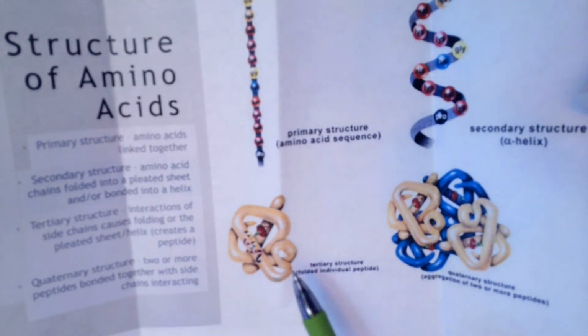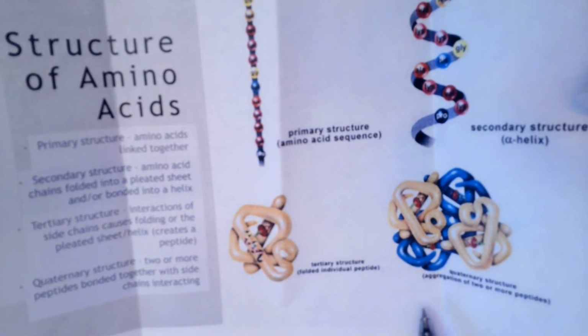Now we can take each individual peptide and have a bunch of them and bind them together to form a quaternary structure. So here they have 4 shown, but it could be 2, it could be thousands of different peptides all bound together. So again, we're thinking of binding not just the primary structure, but also side chains, and not in just a 2-dimensional form, but in a 3-dimensional form.